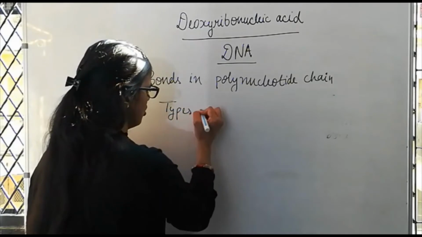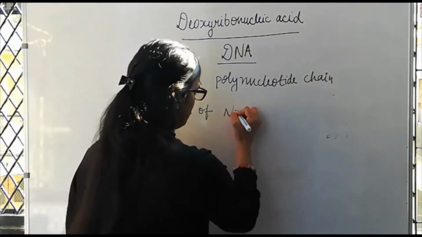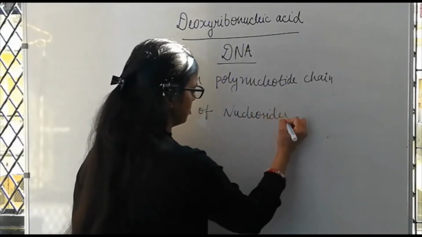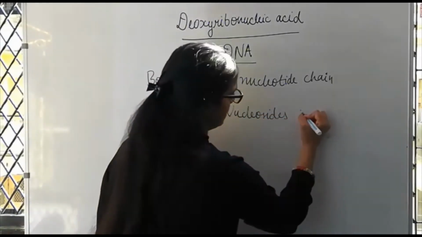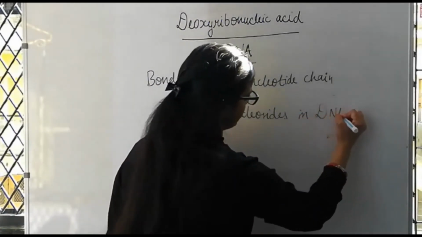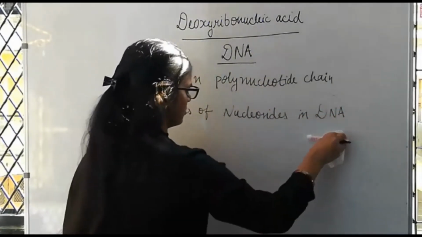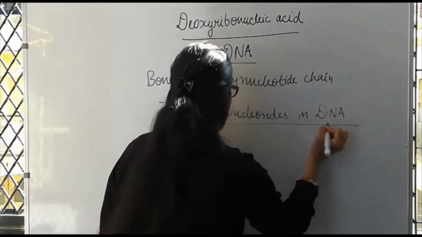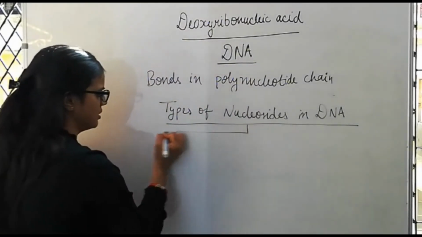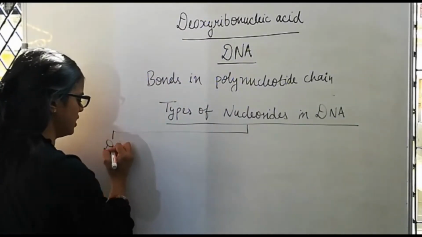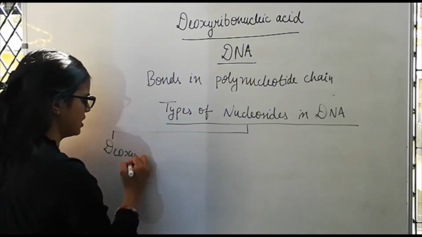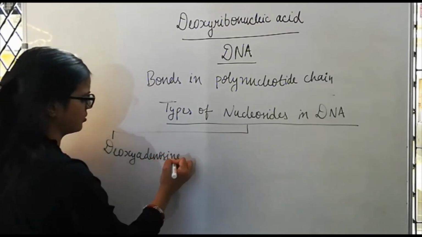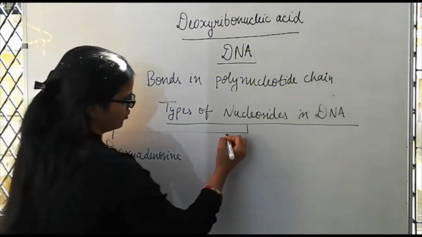Types of nucleosides in DNA. In DNA, there are four types of nucleosides. First is deoxyadenosine.